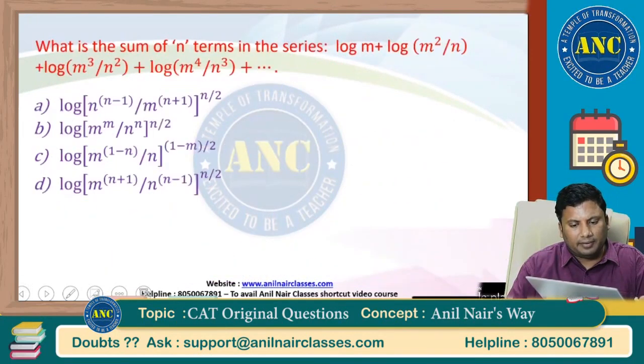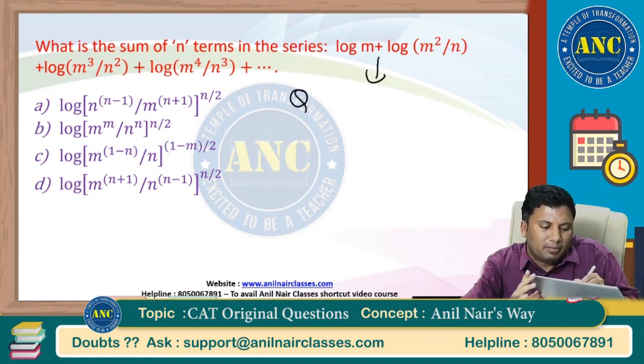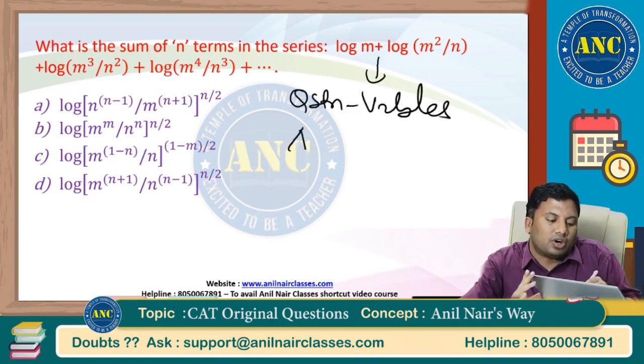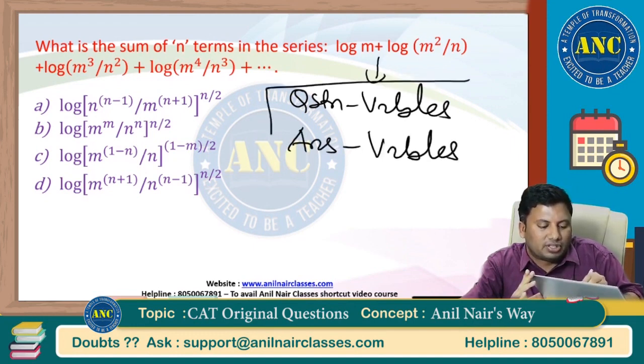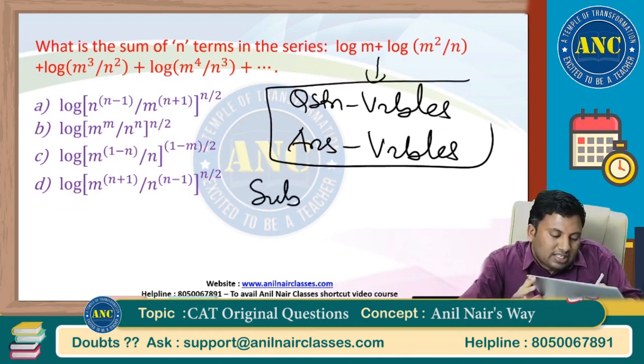Now we will see. Here, the question contains variables. The answer also contains variables. If the question contains variables and the answer contains variables, what you can do? Substitution method you can use.